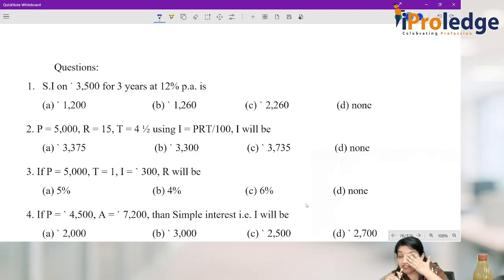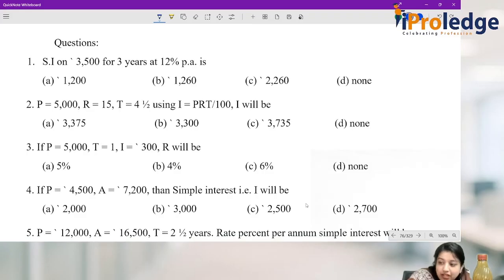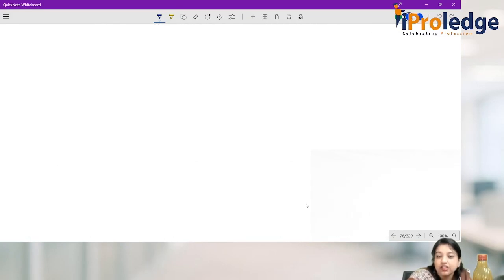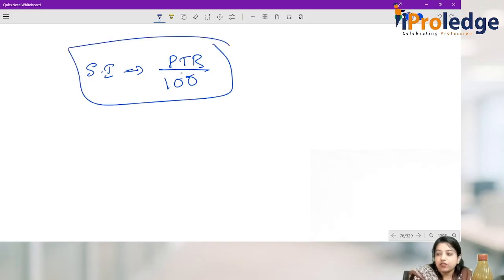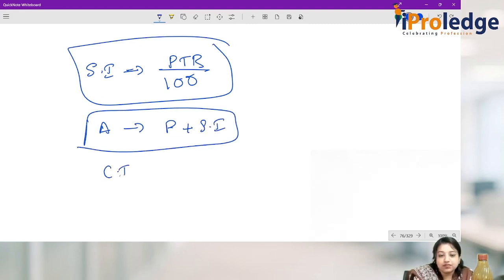What is the SI formula? Keep reciting the important formulas. Tell me the SI formula. Okay, what is the accumulated amount for SI? Okay, what is the CI formula?